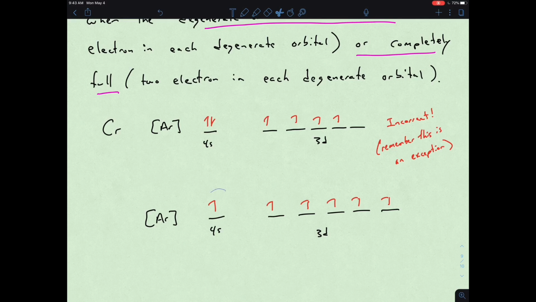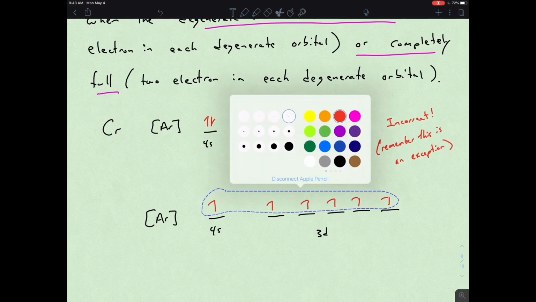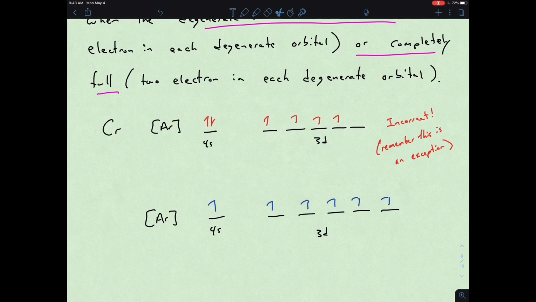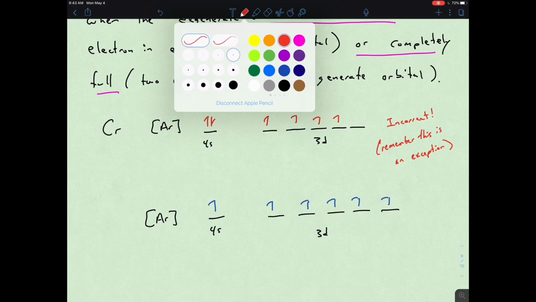And let's do that in maybe a different color here so we can see the differences. And so this is correct.